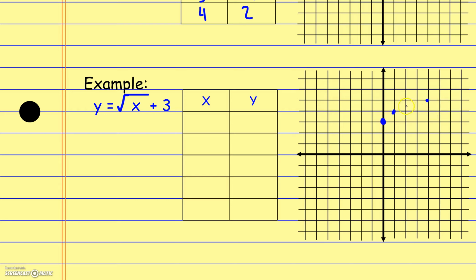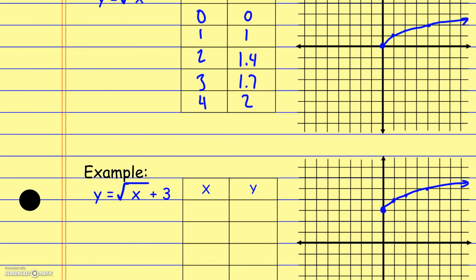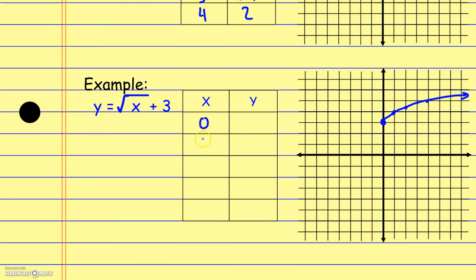And if I wanted to fill some others in, I'd have the up 1.4 and the up 1.7. But I get this exact same shape that I had before. It's absolutely no different from the example above, except the whole thing's been moved up 3 units. And when I plug in 0, 1, 2, 3, and 4, I'd get a 3.